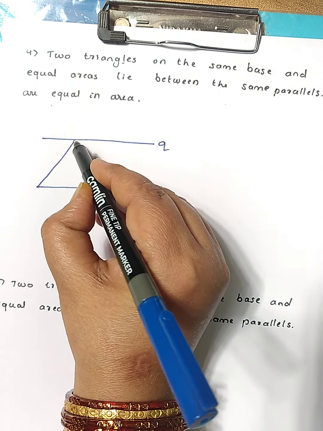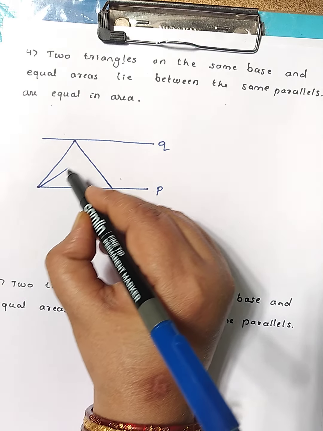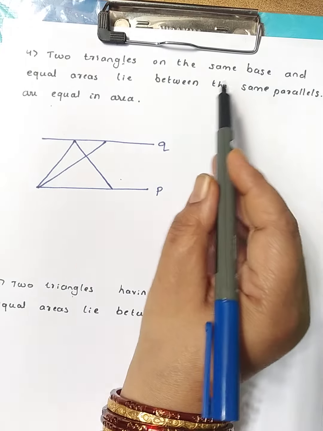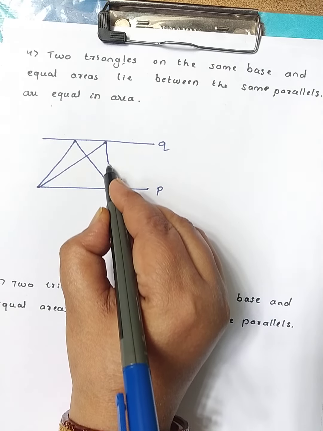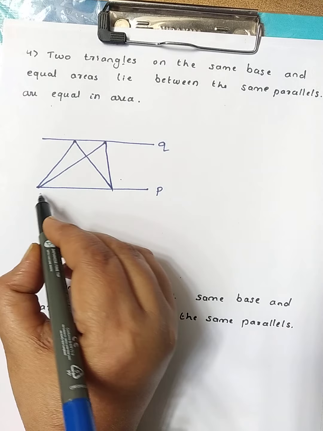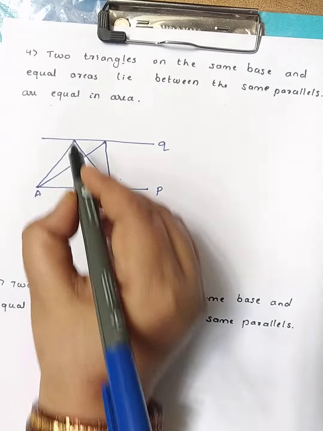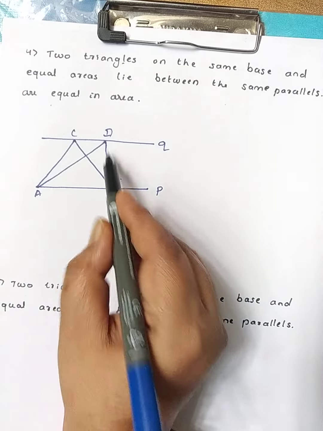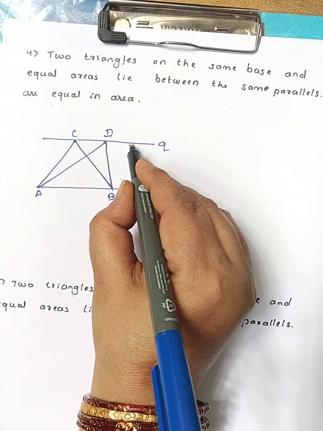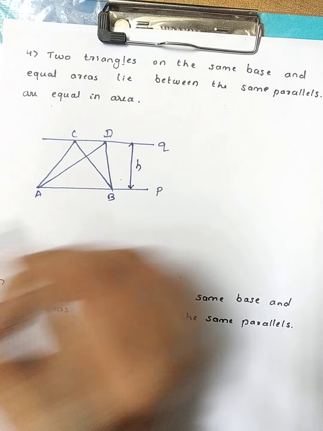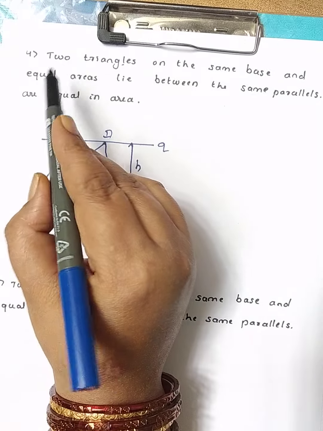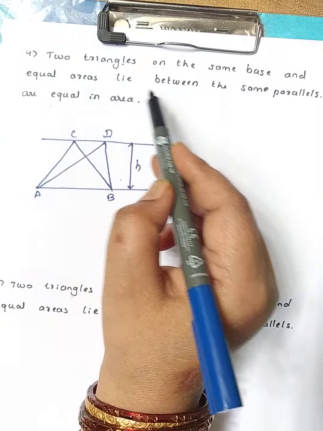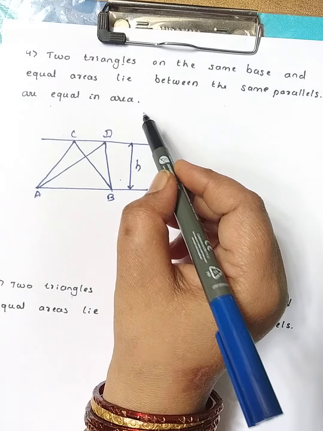You should not draw like this, because on the same base means we have to draw two triangles on AB as the base, with C and D. There are two triangles, ABC and ABD, and these are between the same parallels, with height H here. So the theorem states that two triangles on the same base and between the same parallels are equal in area.